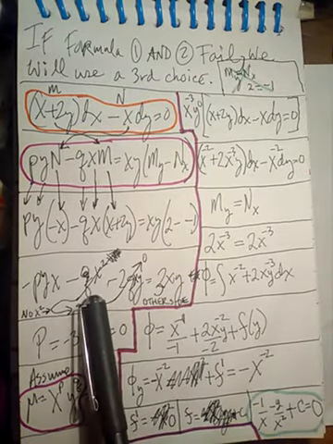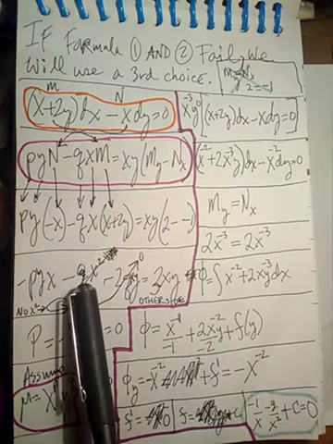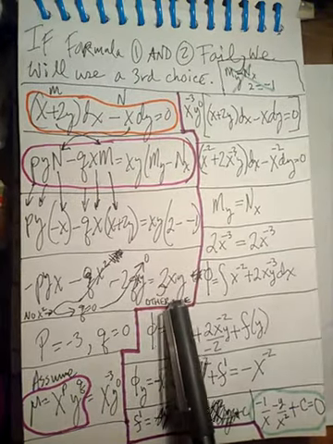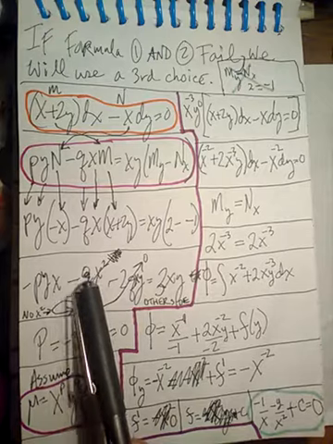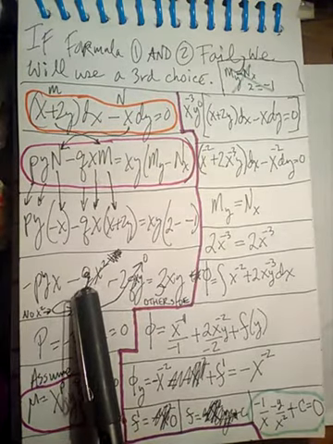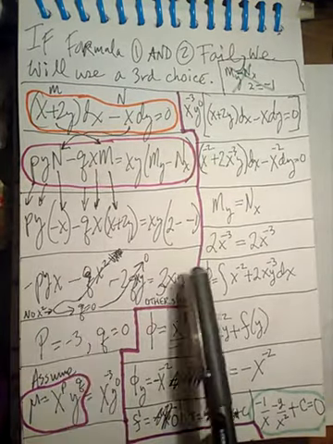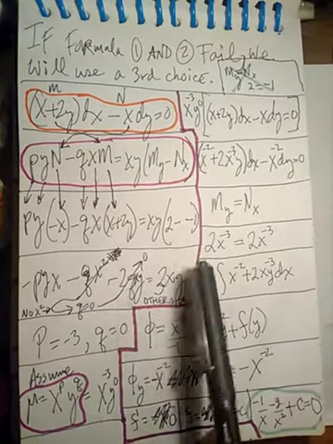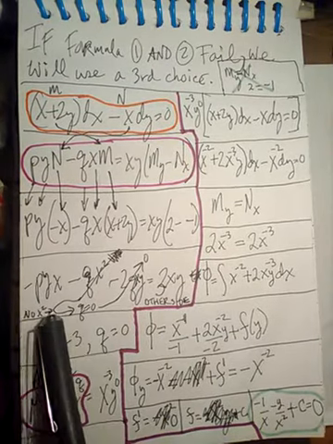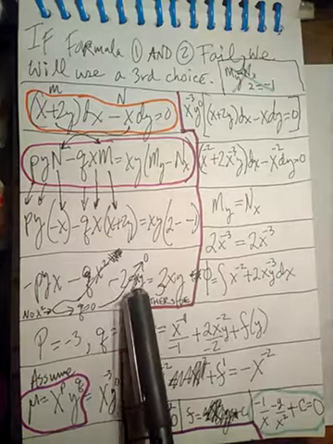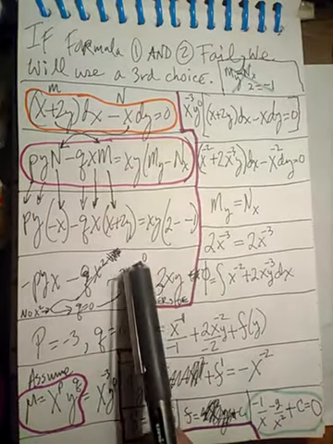If we notice, there is no x squared term on this side. So that means that q has to be 0, because you can't have an x squared term here and no x squared term here. Q would have to be 0. And if q is equal to 0, that means that this term is also 0 right here.